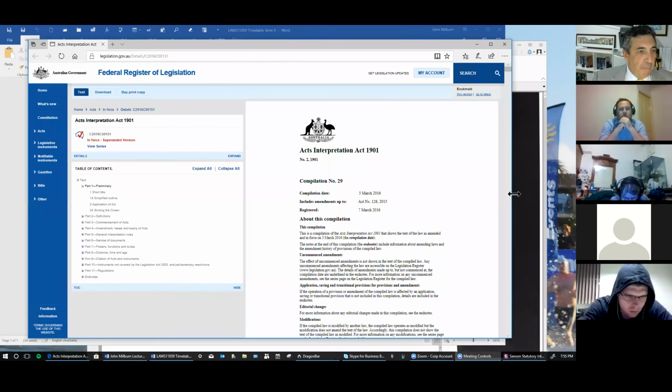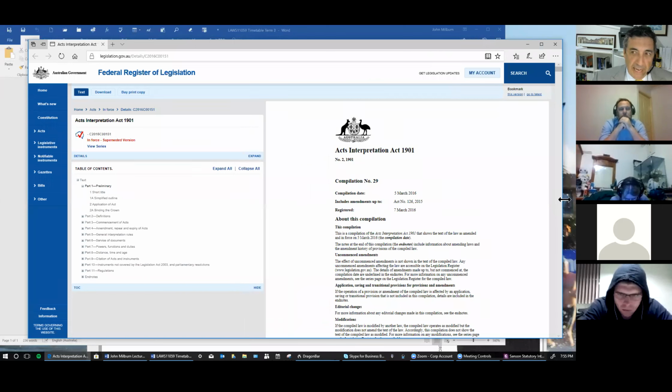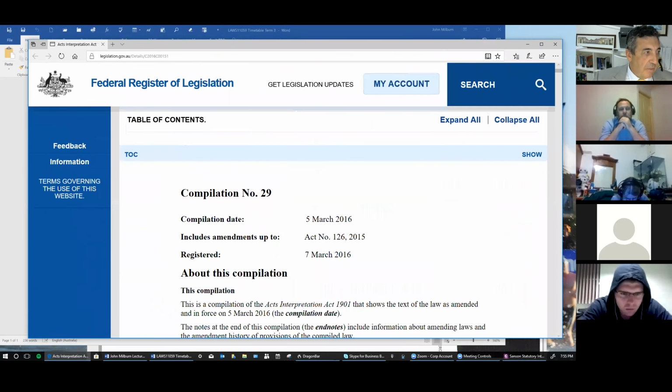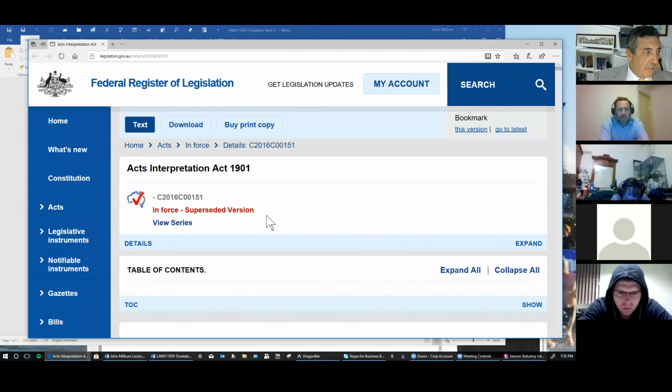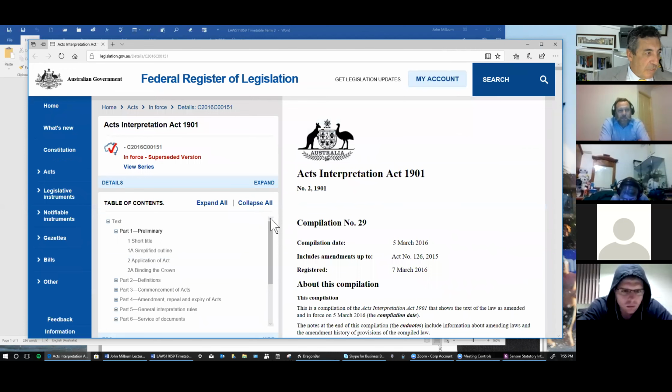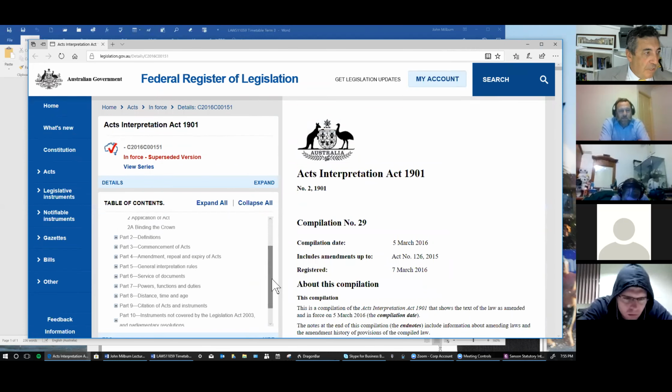From there, you can make your way to section 15AC, but you do so after you've considered, for example, the table of contents. And you'll see the table of contents, and I've just blown that up. The table of contents includes Part 5, which deals with general interpretation rules.